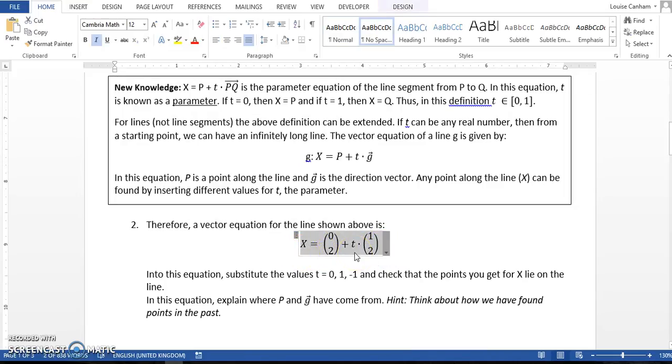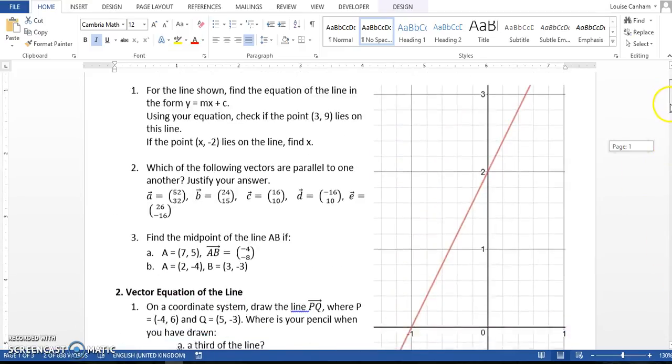And you can see why, because (0, 2) is quite clearly a point on that line, if you have a look at where it crosses the y-axis, plus t, so some scalar, multiplied by the direction vector of the line (1, 2). And you can see that (1, 2) works as a direction vector for this line.